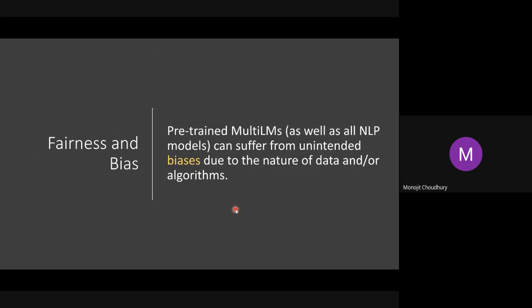For example, you give it "all terrorists are" and a blank, and most of these models would say Muslims. "Nurses are typically", and it will say women. So they are very heavily biased, and this is a very big problem.